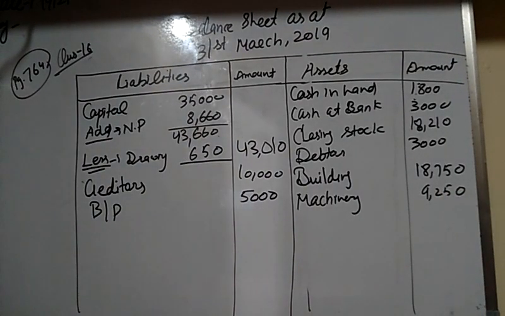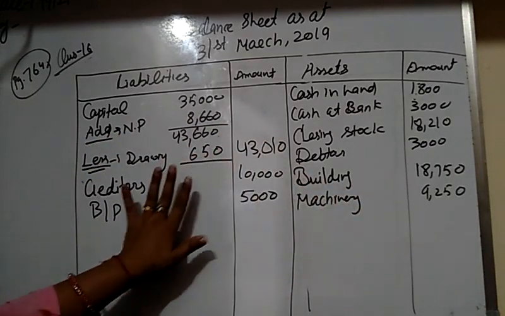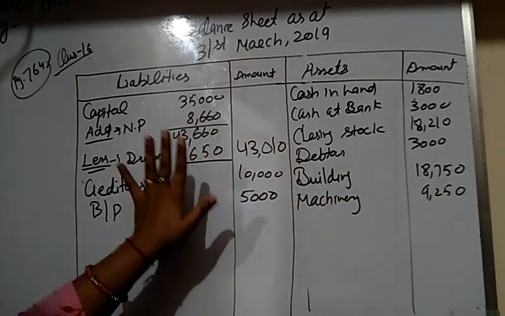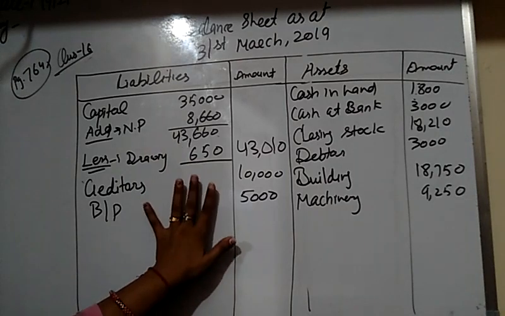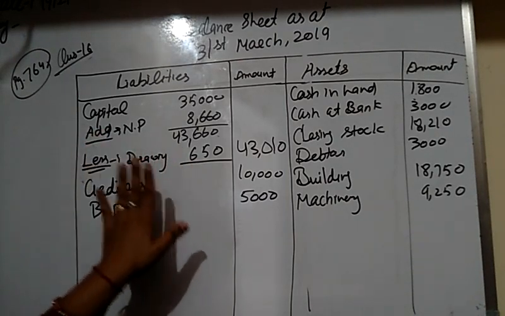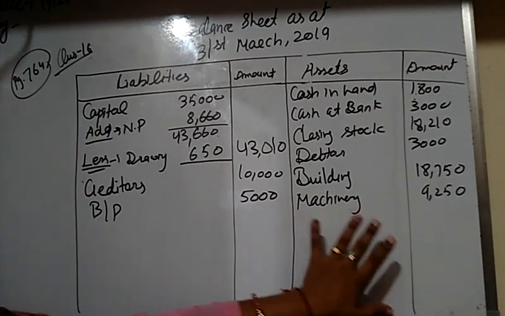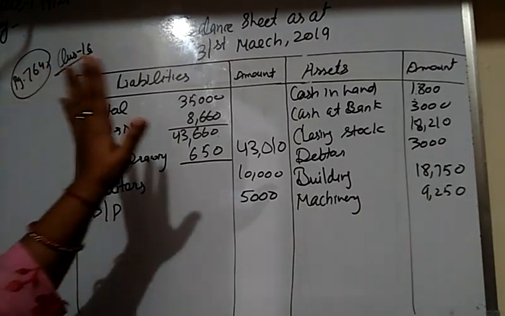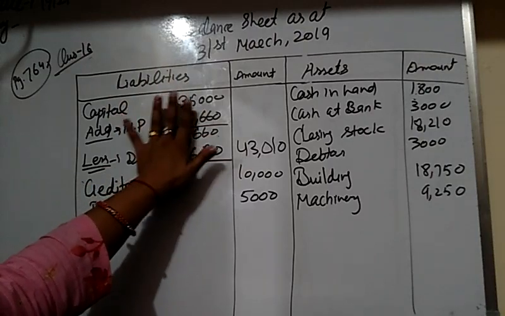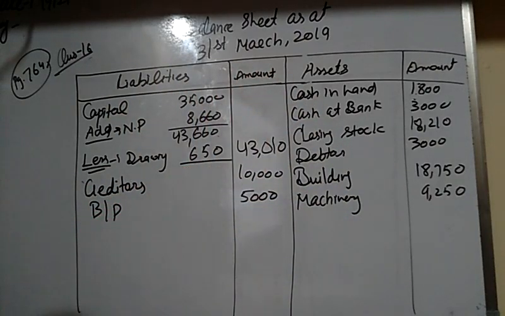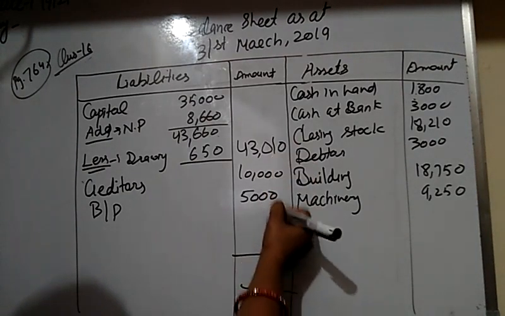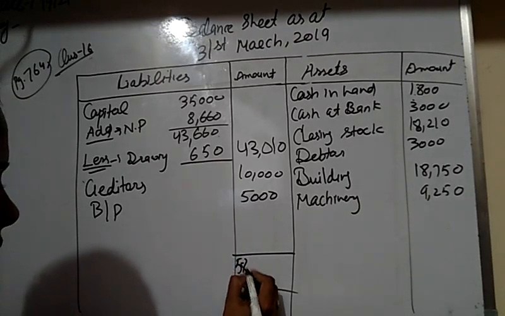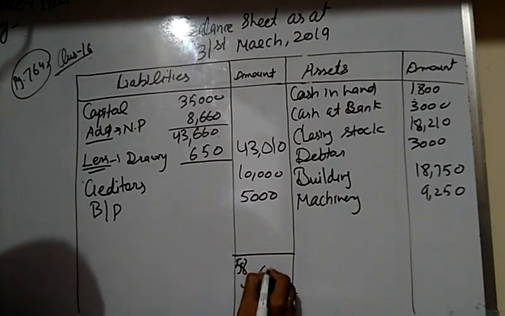Now students, when we have recorded all the assets and liabilities, we check whether the total of the liability side is equal to the asset side or not. If we did not commit any error previously, at the end the totals of the liability side and asset side must be equal. The total of the liability side is 58,010.